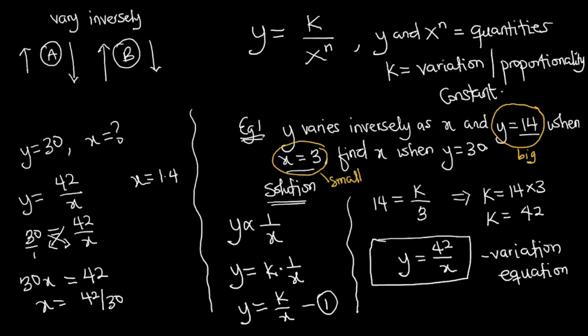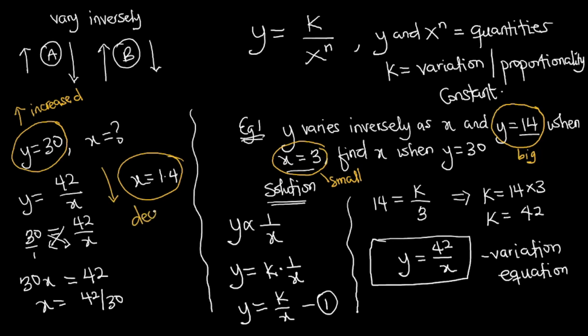We realize that when y in the second scenario has increased from 14 to 30, the x value has decreased from 3 to 1.4.